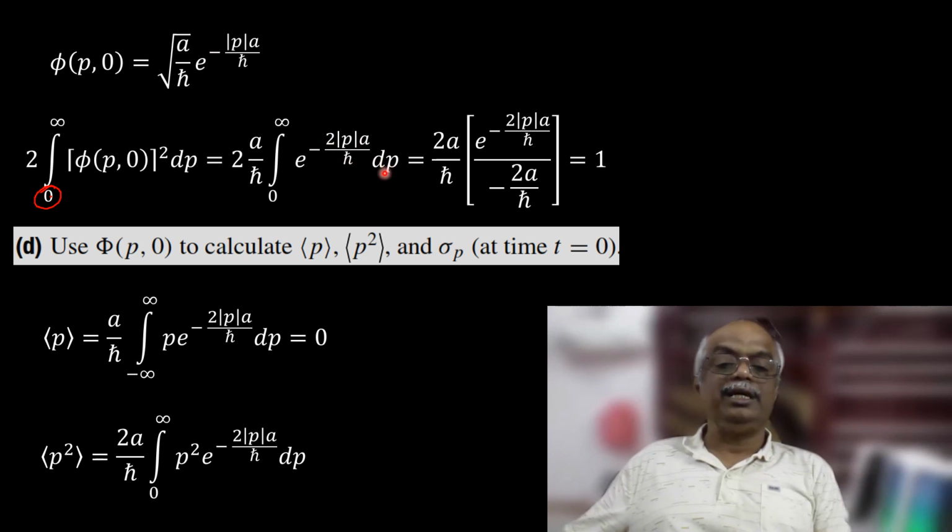You are integrating with respect to p. If you do this integration, you will get this exponential term divided by 2a over h cross, with the limits between 0 and infinity.